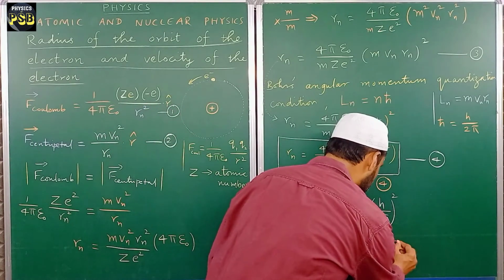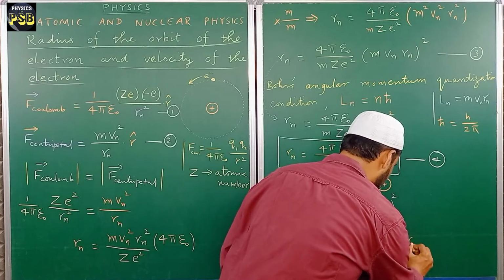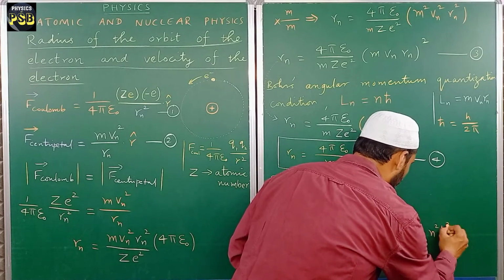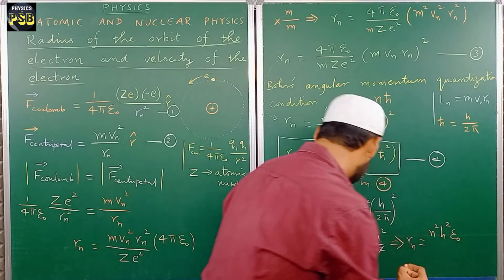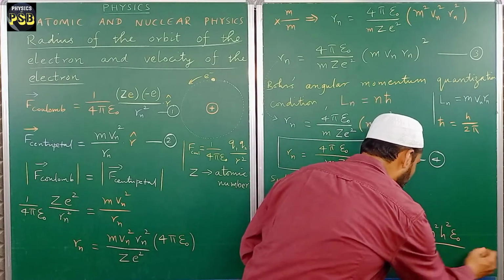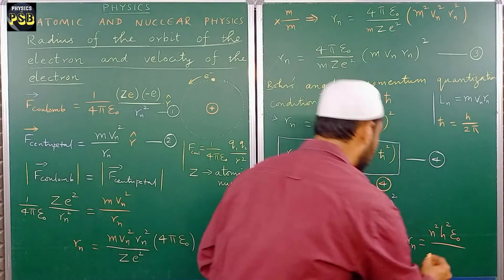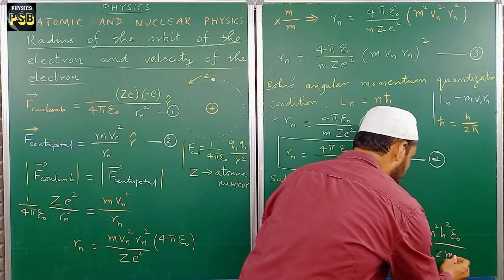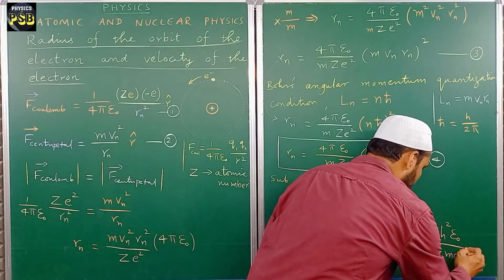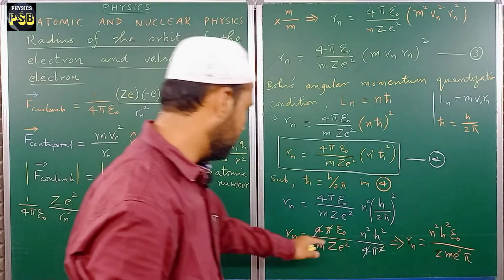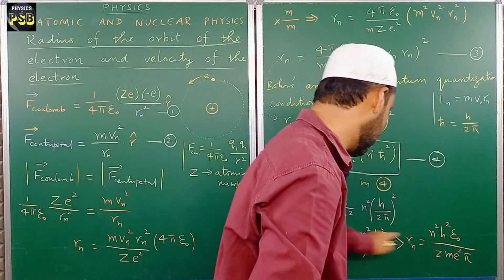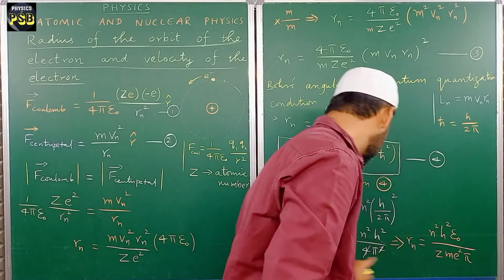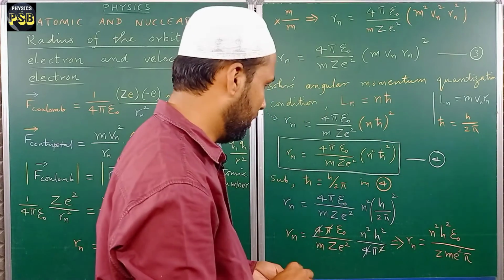So here Rn equals n square h square epsilon naught divided by Z m e square pi. This is what we obtain here.